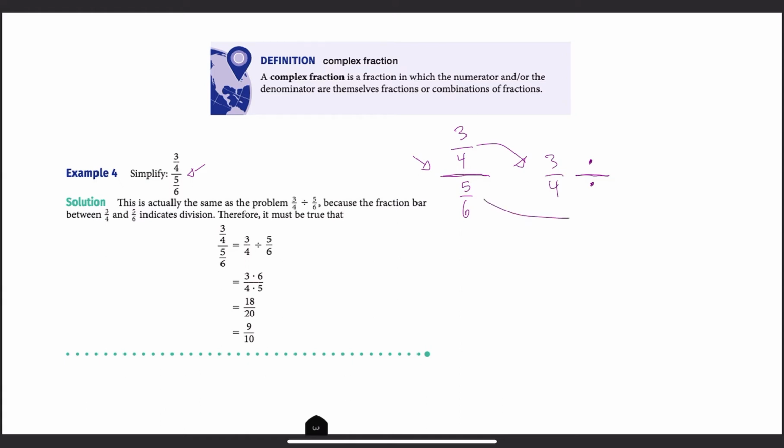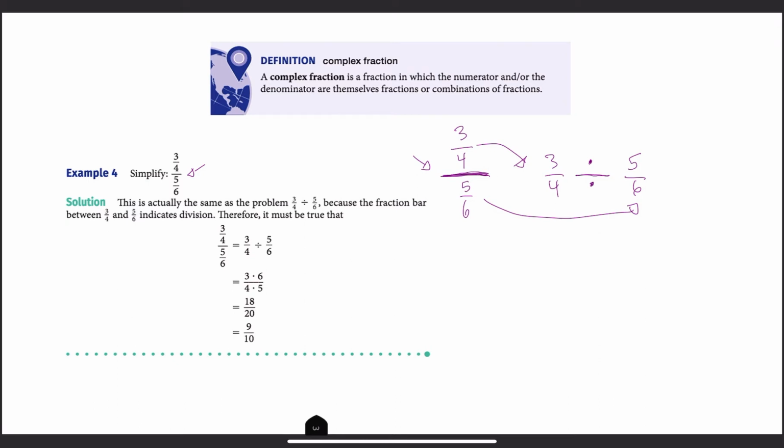What's our denominator? 5/6. And so whenever we have a complex fraction, it's really just division of two fractions. We're going to write them side by side.